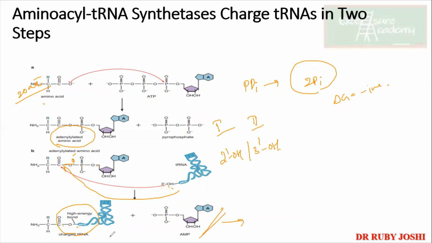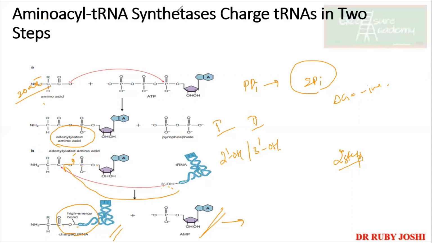So AMP is finally released into the cytoplasm. Now you have got the charged tRNA, which is ready to go to the ribosome and mRNA where it is present and start giving amino acids as per the required codon. So these are the two steps carried out by the aminoacyl tRNA synthetases to charge your tRNA.